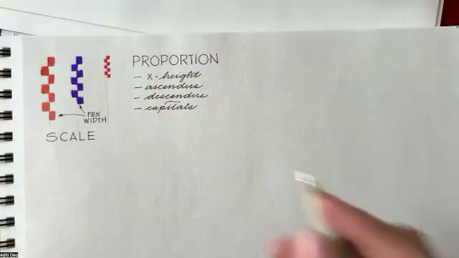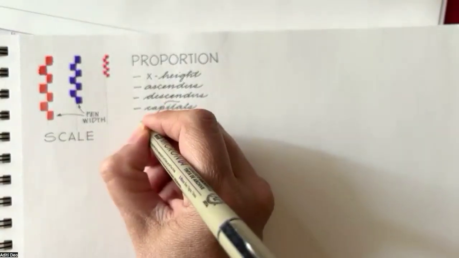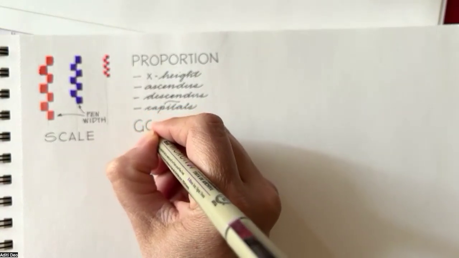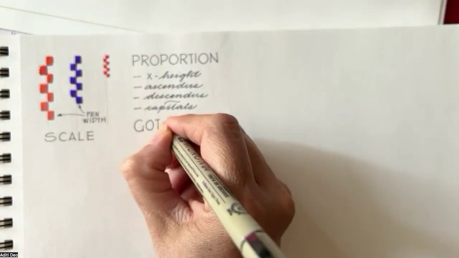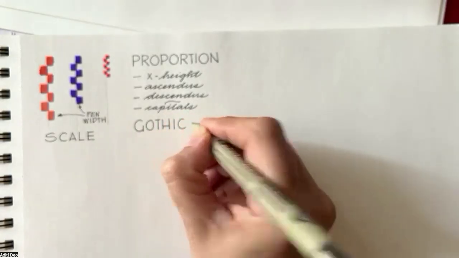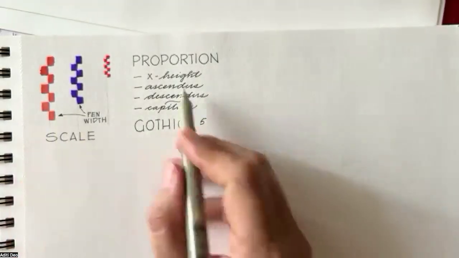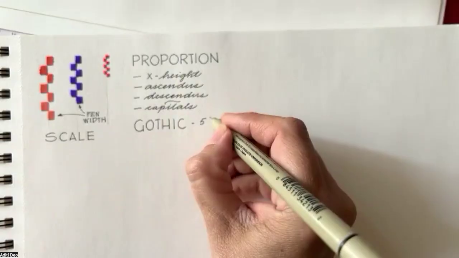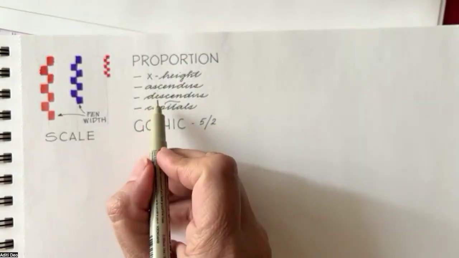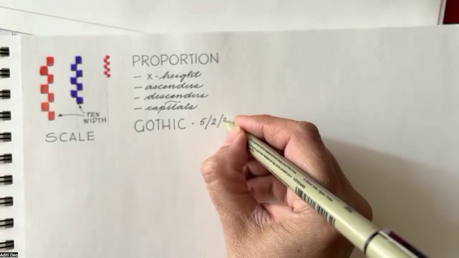So for the Gothic script that we are going to do, this proportion is 5 pen widths, that's the X height, by 2, that's the ascender and descender space, and 3.